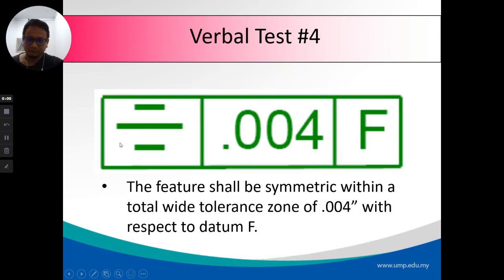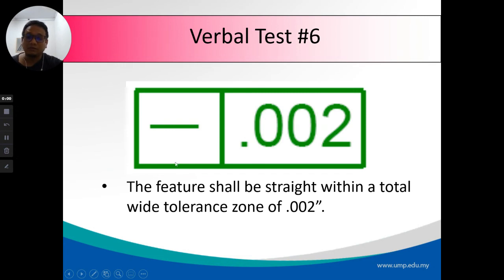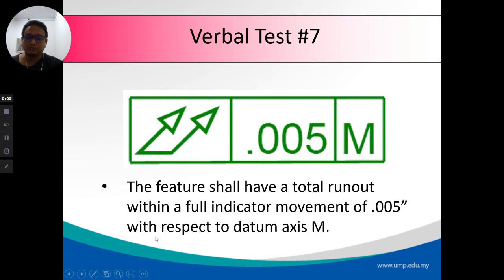The feature shall be asymmetric within a total wide tolerance of 0.004 with respect to datum F. The feature shall be positioned within a cylindrical tolerance of 0.001 regardless of feature size with respect to datum B. The feature shall be straight with a total wide tolerance zone of 0.002.